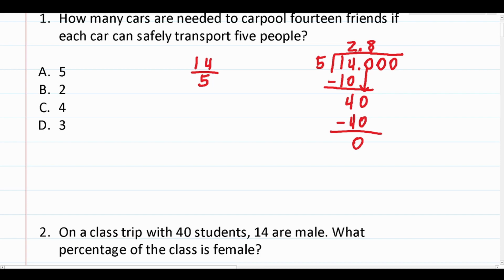So to answer this question, it would take 2.8 cars to transport 14 people if 5 people can safely fit in each car. Given that there's no such thing as 0.8 of a car, that means you would need 3 cars to safely transport everyone.